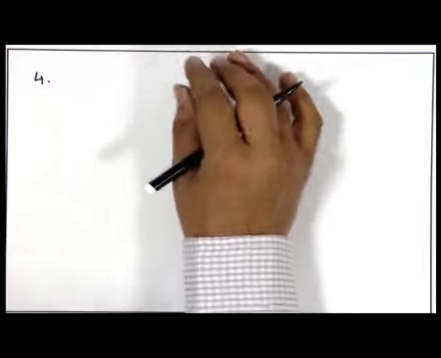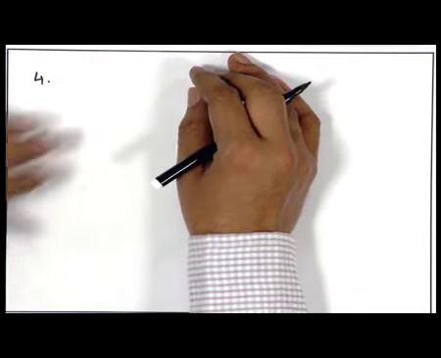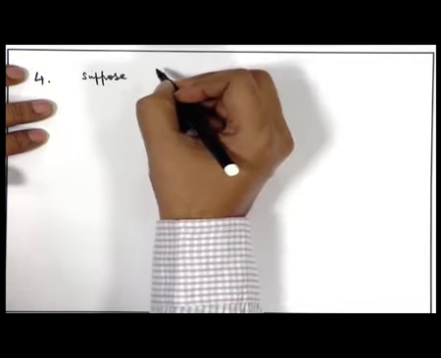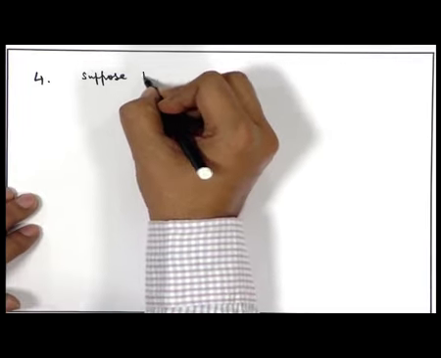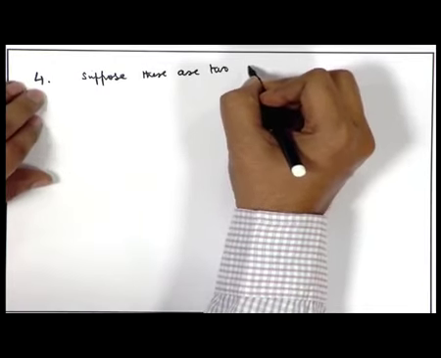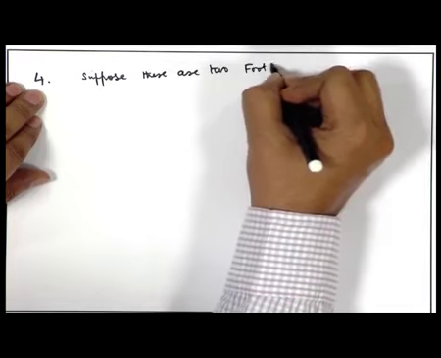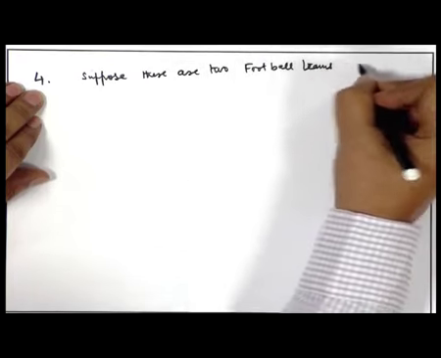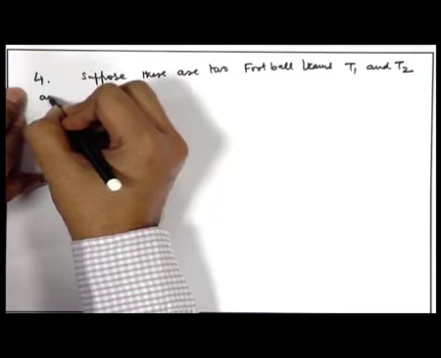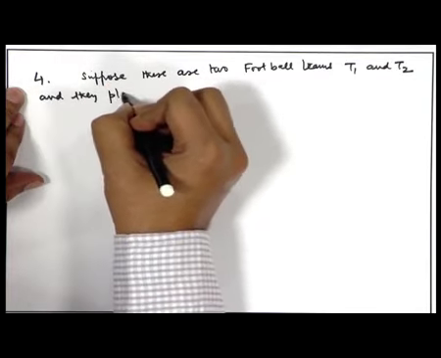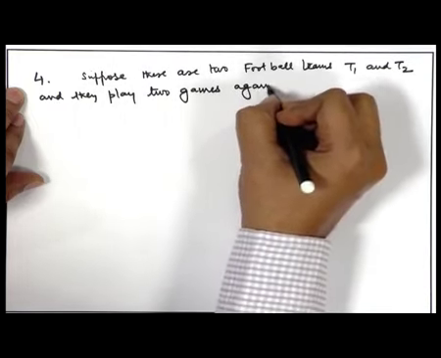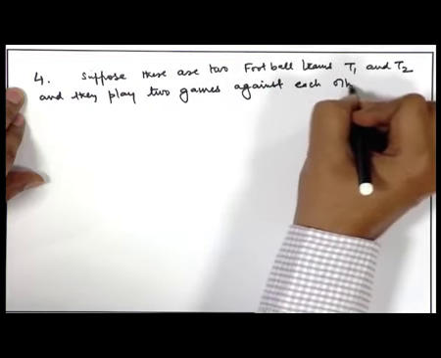So, suppose there are two teams, let me call them again T1 and T2, and they play two games against each other. Okay.